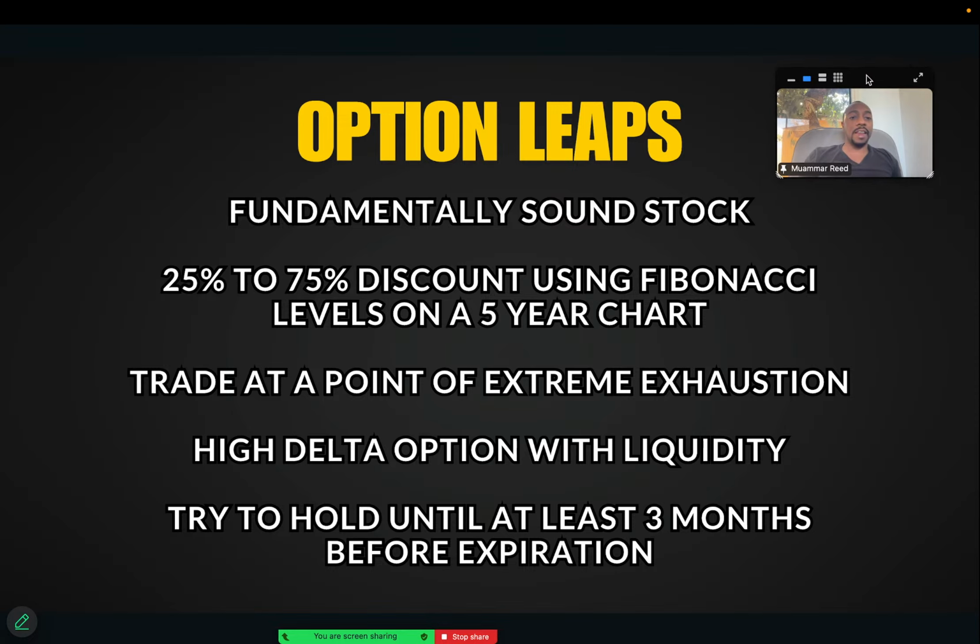Does it have good management? All of these things. What is the assets to liability ratio, right? Is this something that can weather a downturn in the market or a war or whatever it is that could potentially come? Is it fundamentally sound? Because if you're holding these through multiple earnings periods, you better make sure that this is a stock that's actually going to be making money.